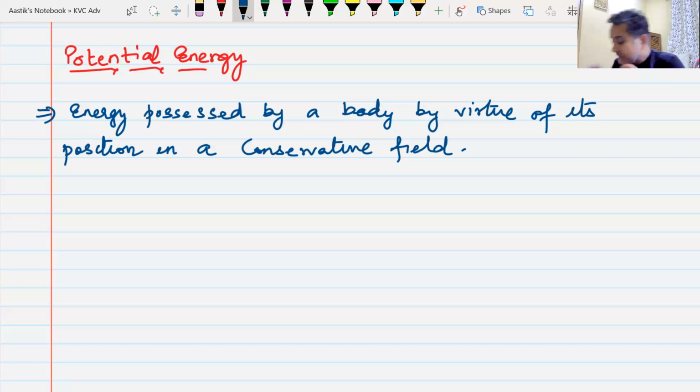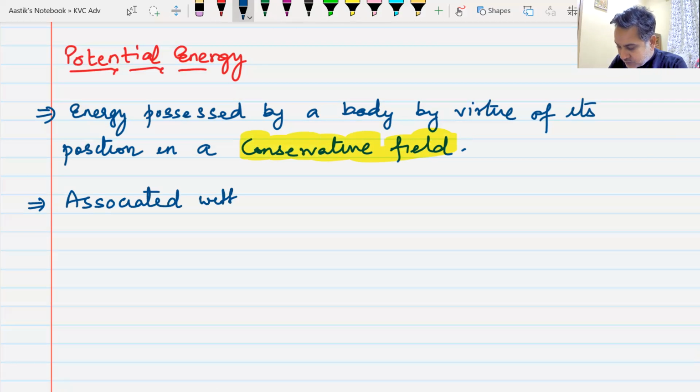Yes, sir. Now, since we have already mentioned that this potential energy only comes because of a conservative field, it is only associated with a conservative force or a conservative field.